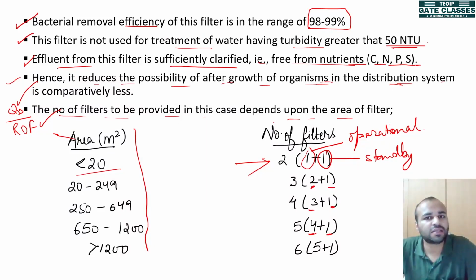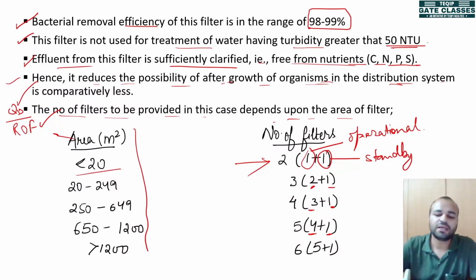So that's all about the slow sand filter and various concepts that we have learned about filtration, various phenomena that are occurring in the filtration process. Today we have learned about the slow sand filter concept. In the next lecture, we'll learn about the concept of rapid sand filters.